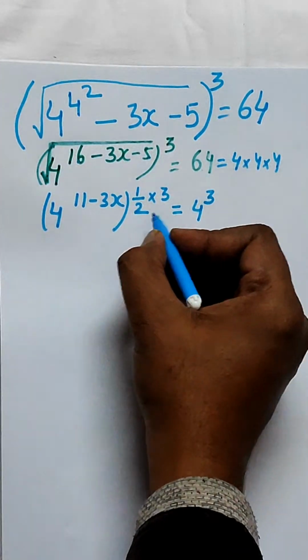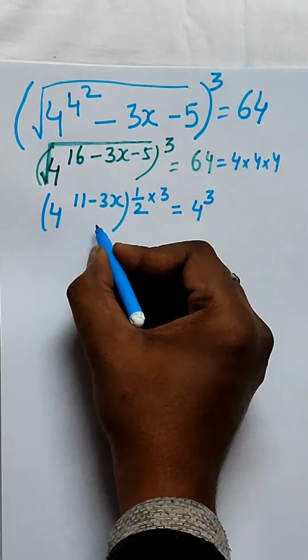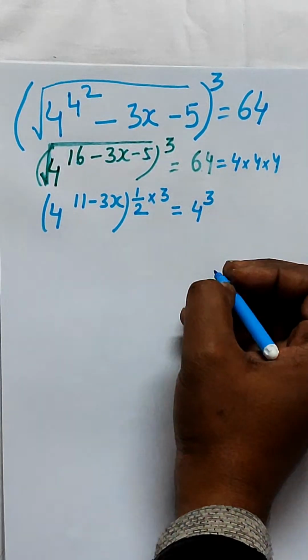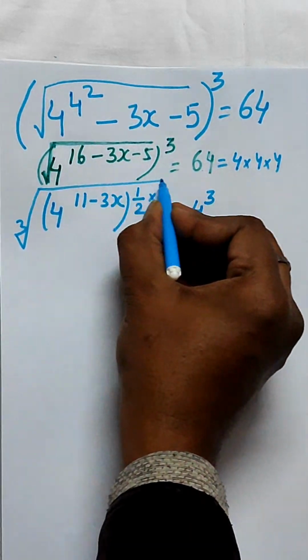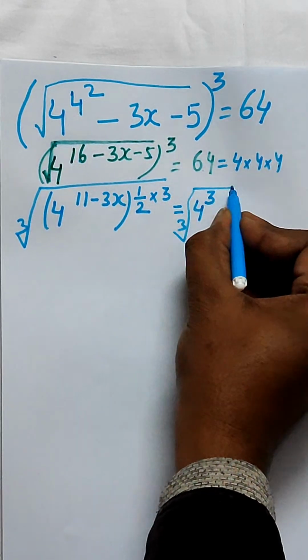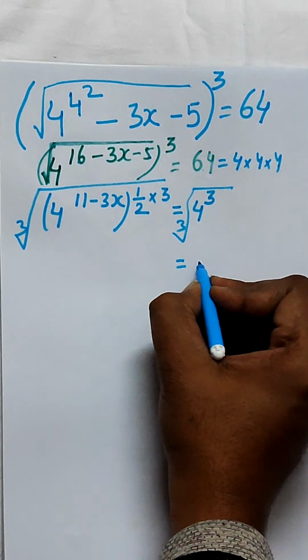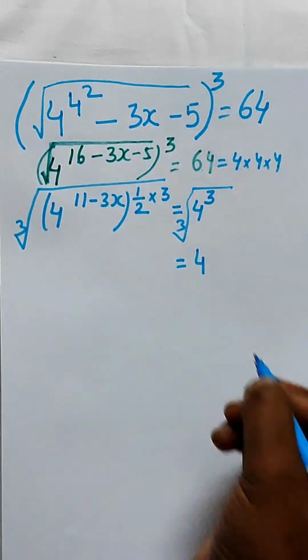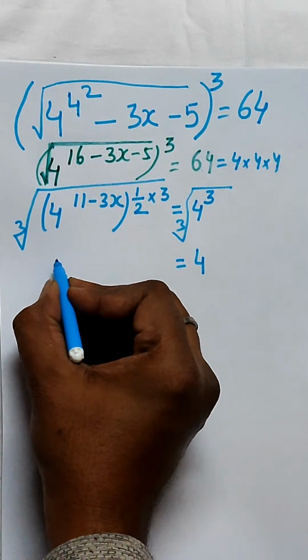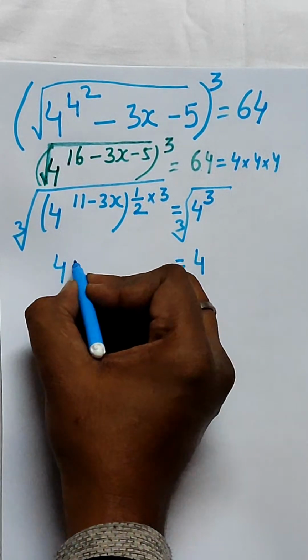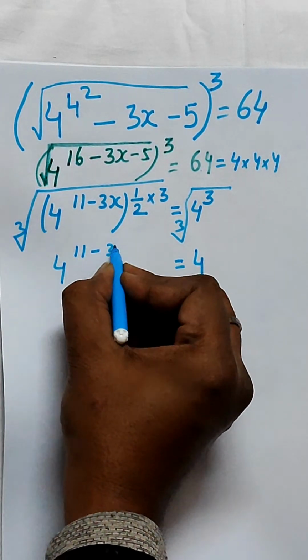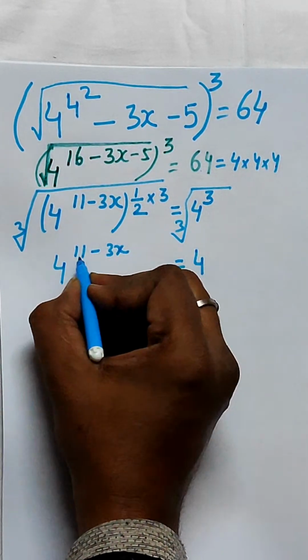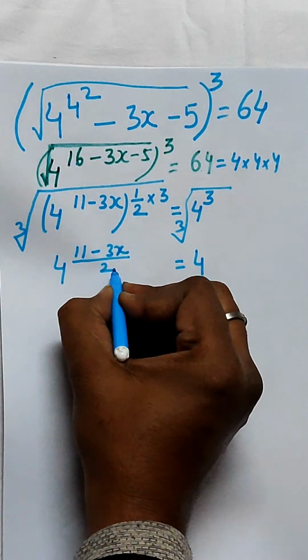So comparing the LHS and RHS, if you are taking the cubic root of the LHS and cubic root of the RHS, we are left with 4 on the RHS, and on the LHS we are left with 4 to the power (11 minus 3x) by 2. Isn't it?